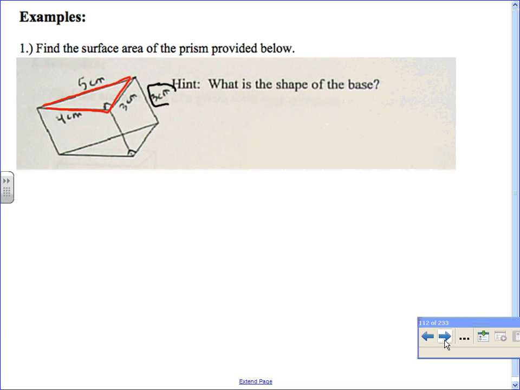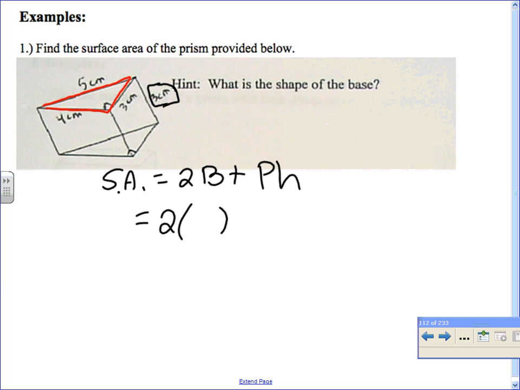Okay, so let's find surface area. Surface area equals 2B plus pH. 2 times the area of the base. Actually, let me do this. Okay, how do you find the area of a triangle? Annalise. Good. So, Briar, what numbers would we be multiplying together if it's 1/2 base times height? No. 5 is the hypotenuse.